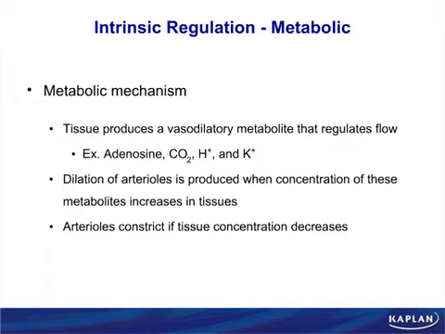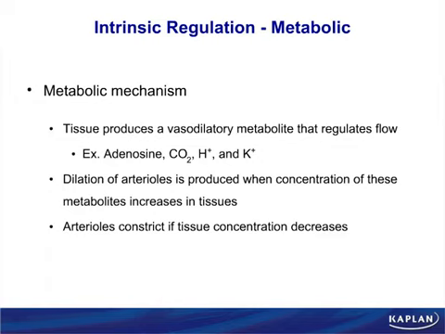Tissues will produce a variety of vasodilatory metabolites that regulate the flow. These include adenosine, carbon dioxide, hydrogen, and potassium. And remember, we derive adenosine from the breakdown of ATP. Bottom line, these are vasodilators. So the production of these dilates the arterioles.